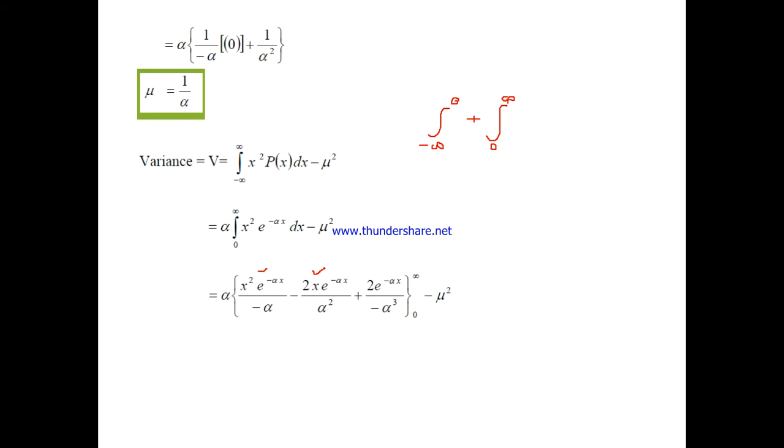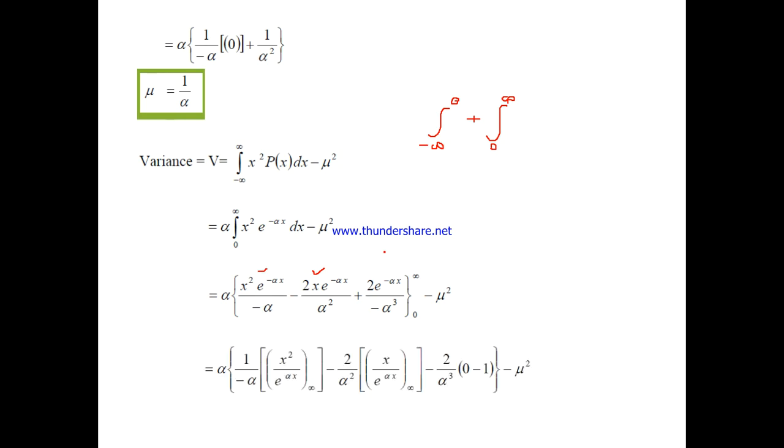Shift e power minus alpha x to the denominator. And to the third term, apply limits. Minus 2 by alpha cube is a constant. E power minus infinity is 0 for the upper limit, minus e power 0 which is 1. So this is what we are going to have.